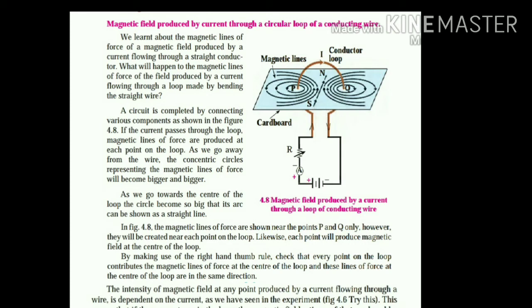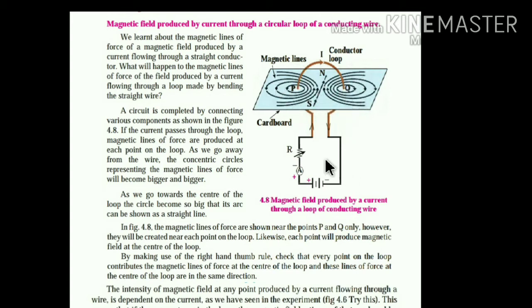See that the arrows that are coming inside here, hence this is the south pole. The intensity of the magnetic field depends on the current and also the number of turns in this loop. When we increase the current, the intensity of the magnetic field also increases.